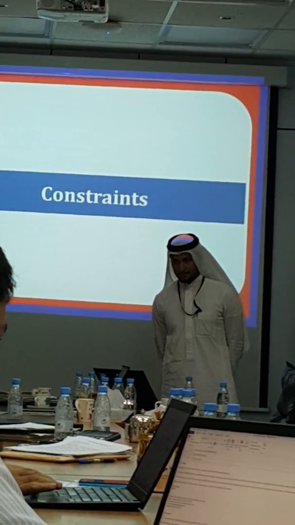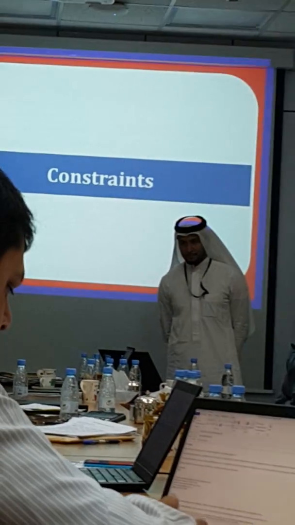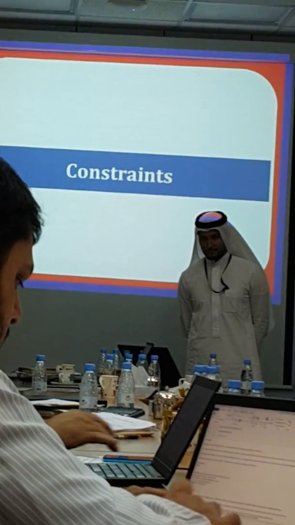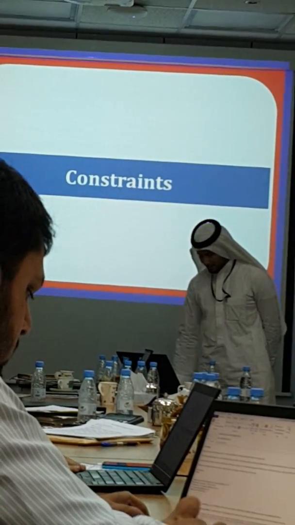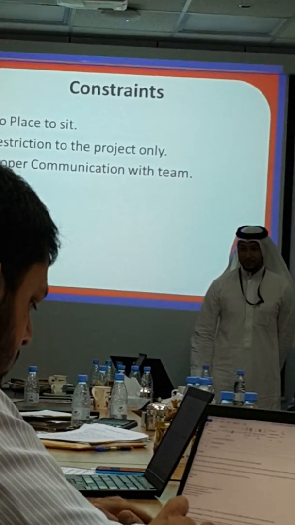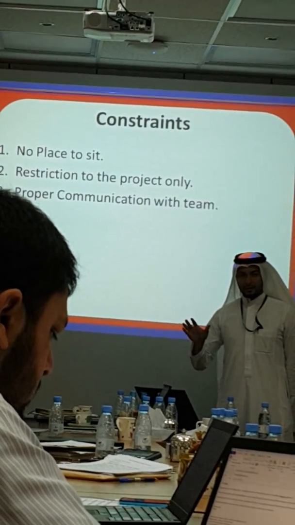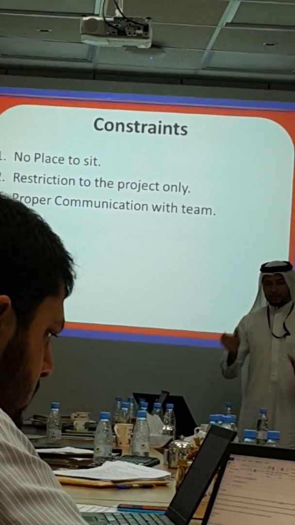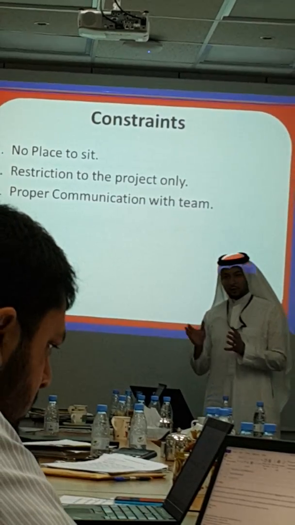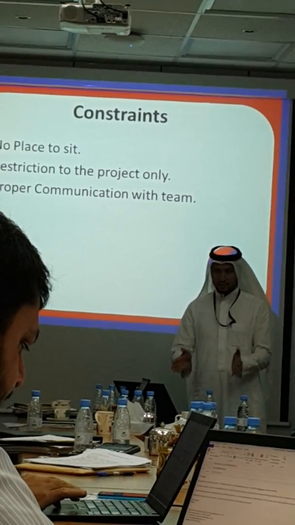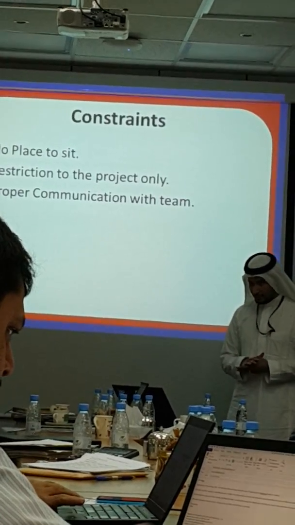I, as a senior vice president, have been guilty of not providing the type of atmosphere that should be. Anyway, the constraints. The first constraint, which is really annoying, is that we don't have a proper place to sit. As GMTs, we don't ask for fancy offices, just a normal desk and chairs would be more than sufficient.